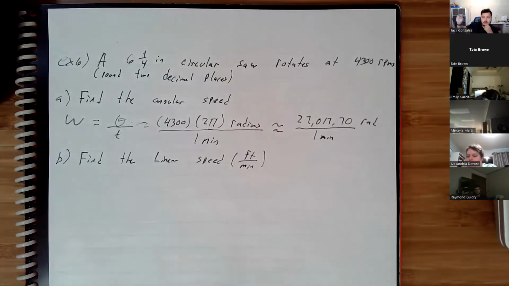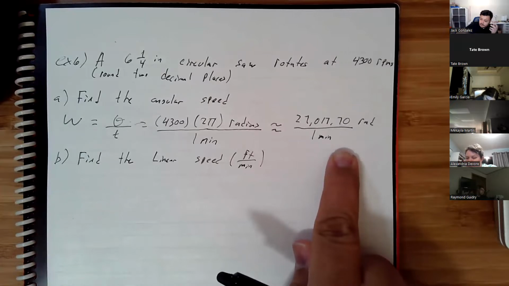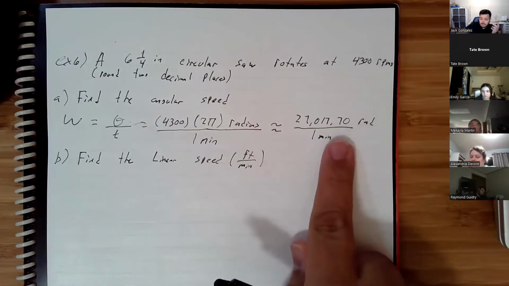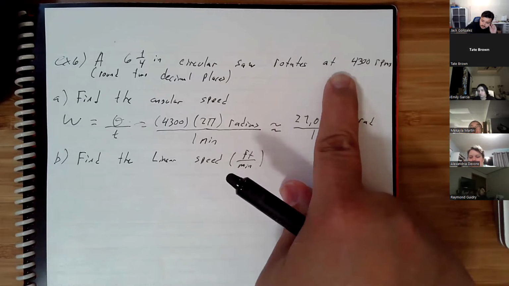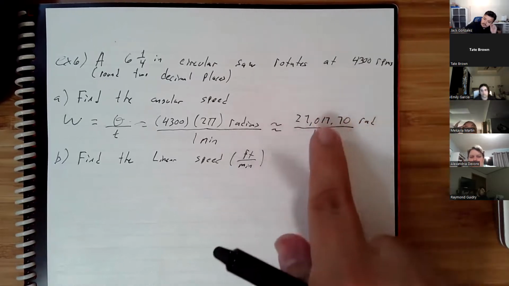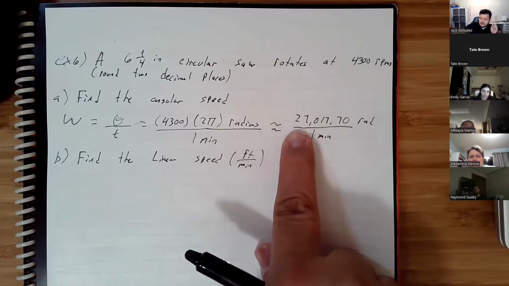This is the speed around the circular saw. If you're right on the edge of the blade, the speed on that edge is the linear speed. The speed of the blade spinning is omega, which is what the 4,300 RPMs is, in a different measurement of radians per minute instead of revolutions.